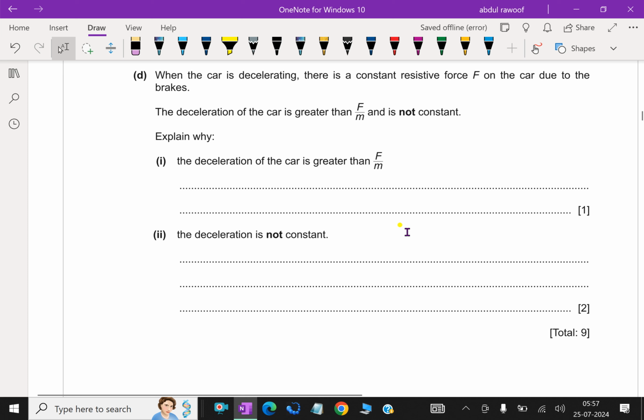Because of the air resistance, not only the braking force by the brakes, the air resistance also acts, so the deceleration of the car is greater than F over m because of air resistance, air friction.